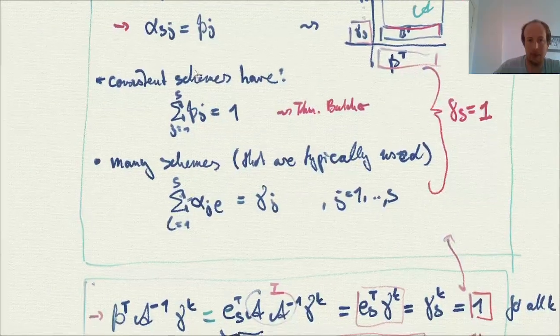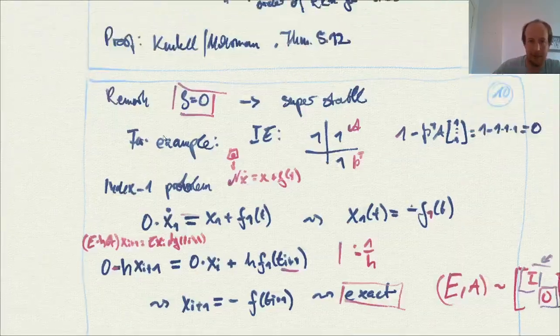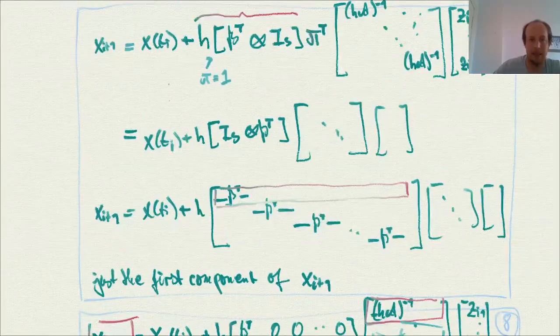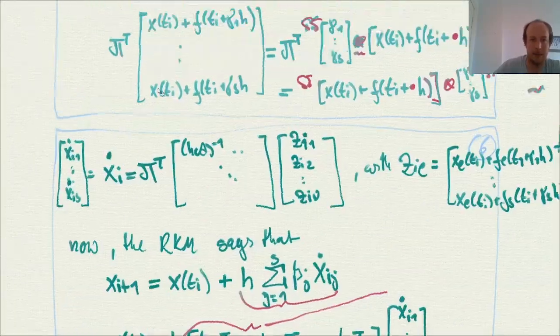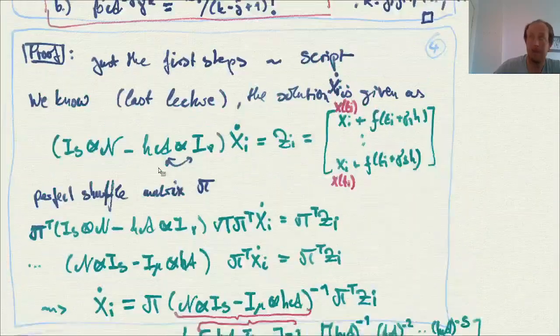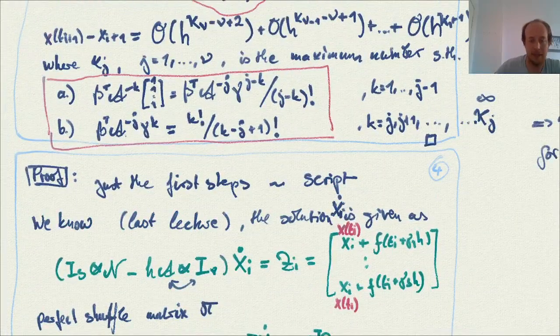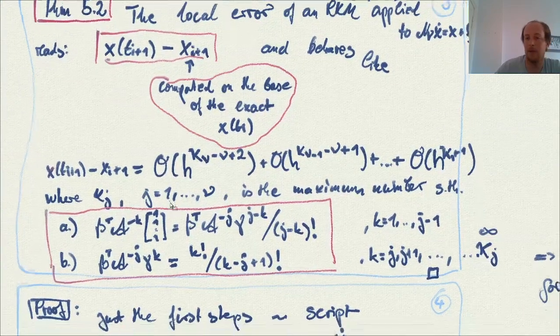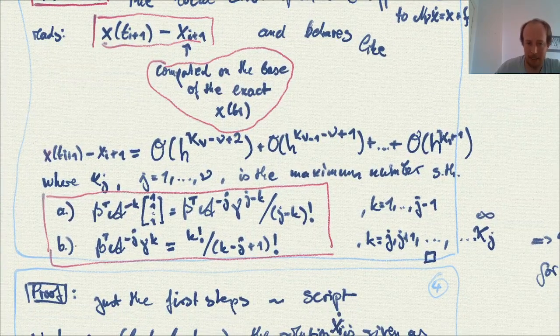And now why we were considering this strange condition, we look at this condition here. This was the consistency condition for the Runge-Kutta methods. And here this B condition wrote that beta transpose alpha to the minus j gamma to the k should be equal to our right hand side.